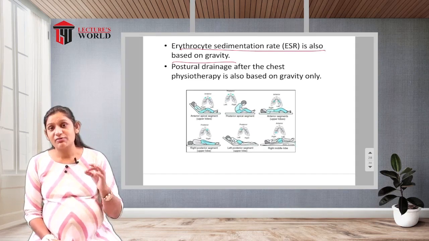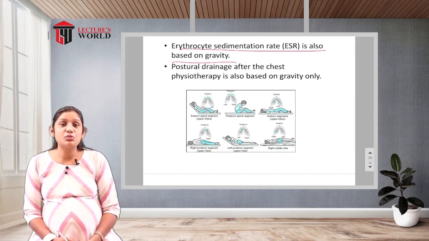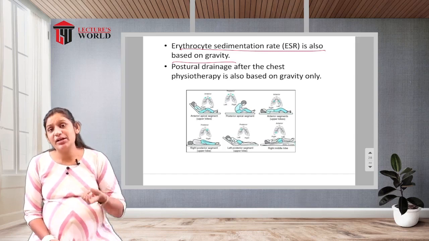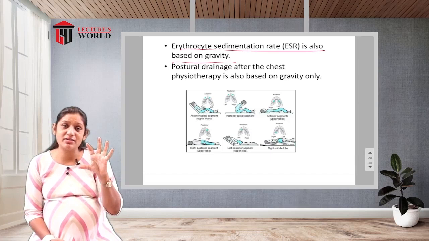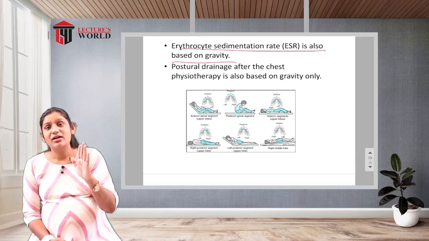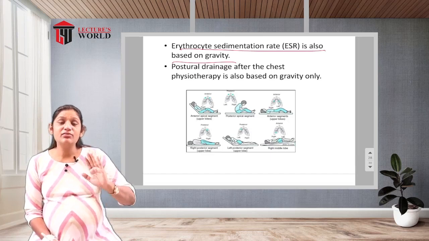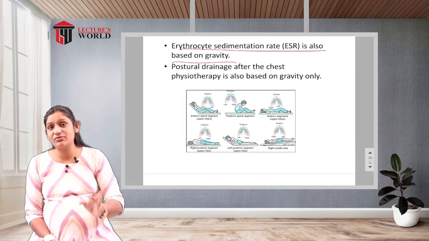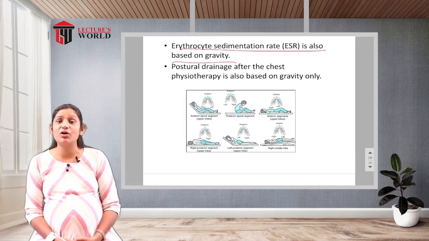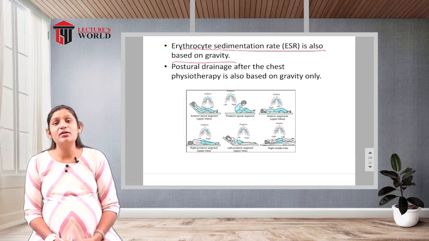In this test, we put a measured amount of blood into a tube and let it rest for 1 hour. If the RBC values are not normal, the RBCs separate from the fluid serum.